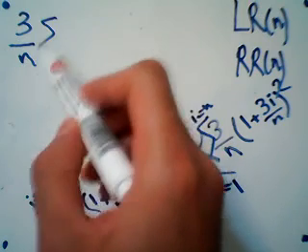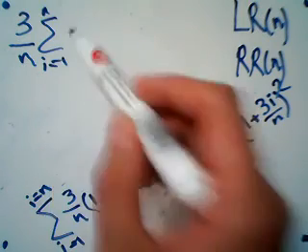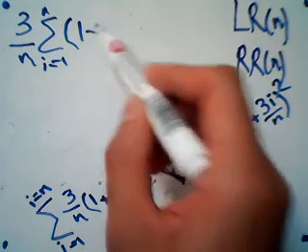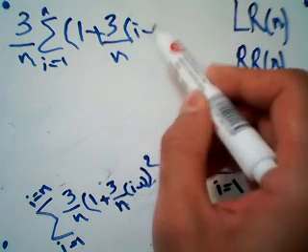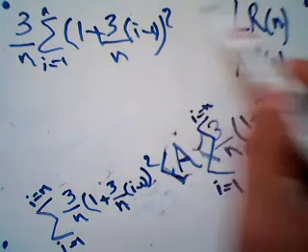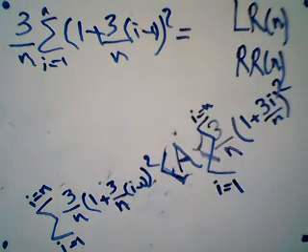3 over n, sum from i equals 1 to n, times 1 plus 3 over n times i minus 1, squared.